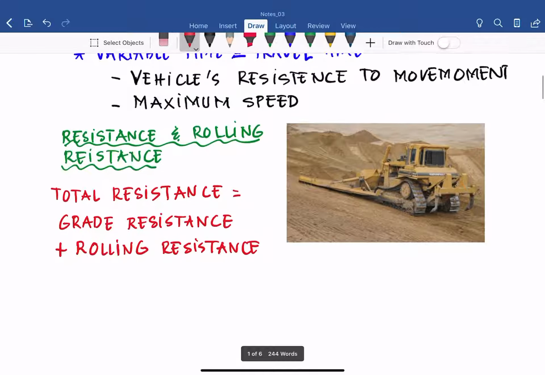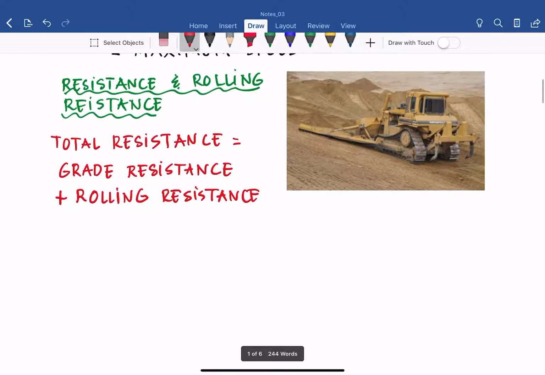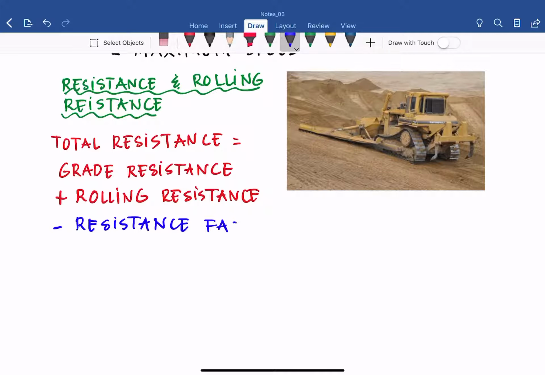So let's investigate each of these resistances. The first one we are talking about is the rolling resistance and how it is measured. The resistance will be measured with a resistance factor. And what should be the unit? Of course, there is the SI unit and the foot-pound system, and those are in the book.